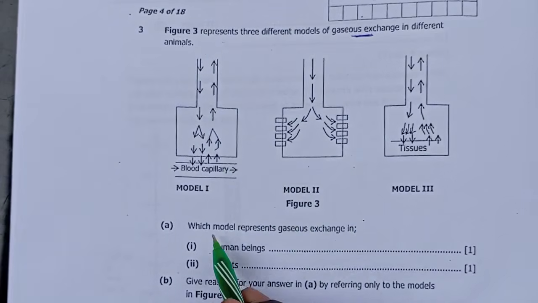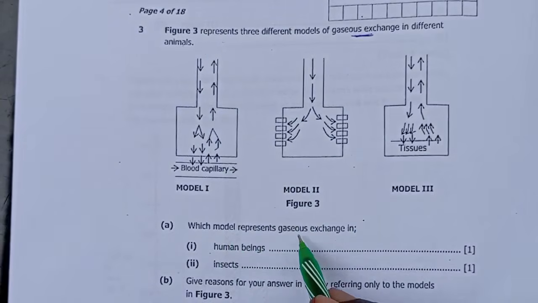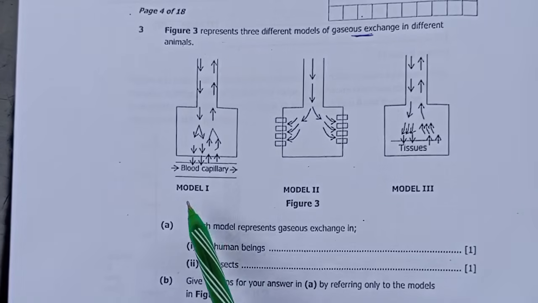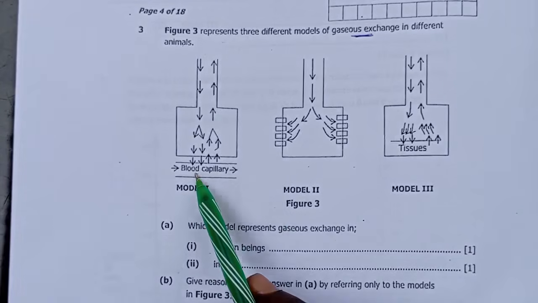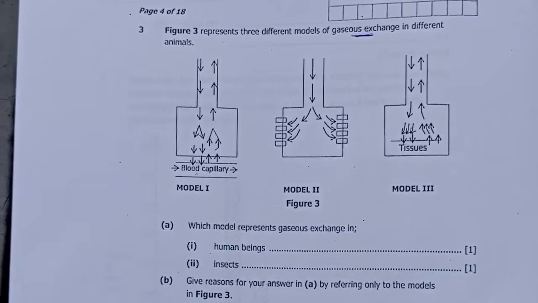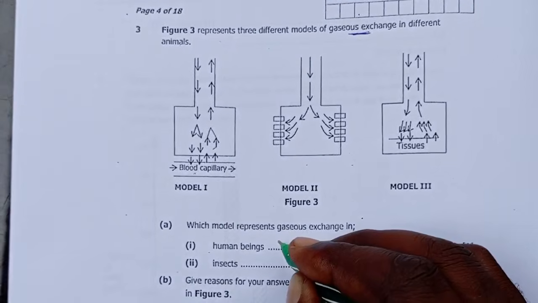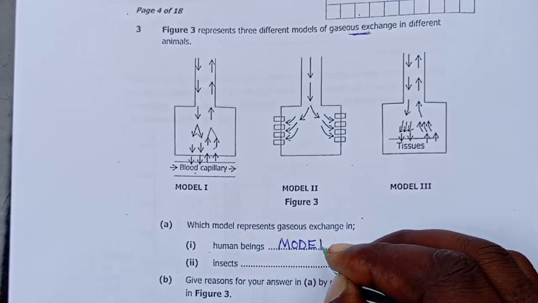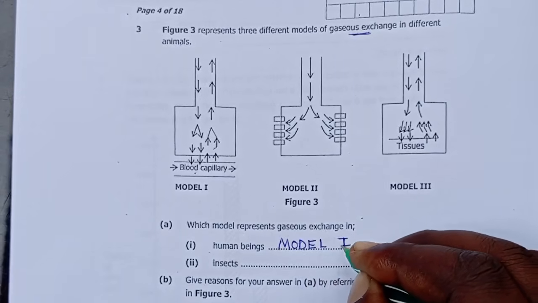Now here, which model represents gaseous exchange in human beings? In human beings, just know that whenever we are talking about blood capillaries, that is human beings. So you say that is model 1.